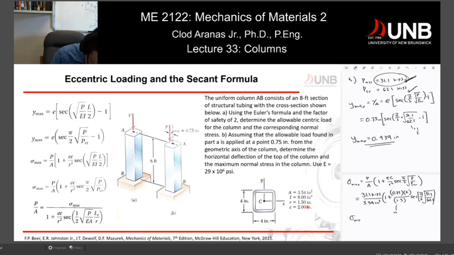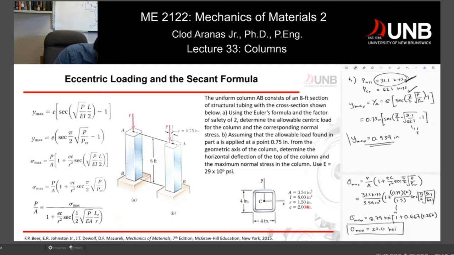And then eventually you will get your maximum stress, which is 22.0 KSI. I'll write some numbers here since we still have 2 more minutes. So this becomes 8.79 KSI, and then you're going to get 1 plus 0.667, so that you can check 2.252, and then you have your maximum, which is equal to 22.0 KSI.